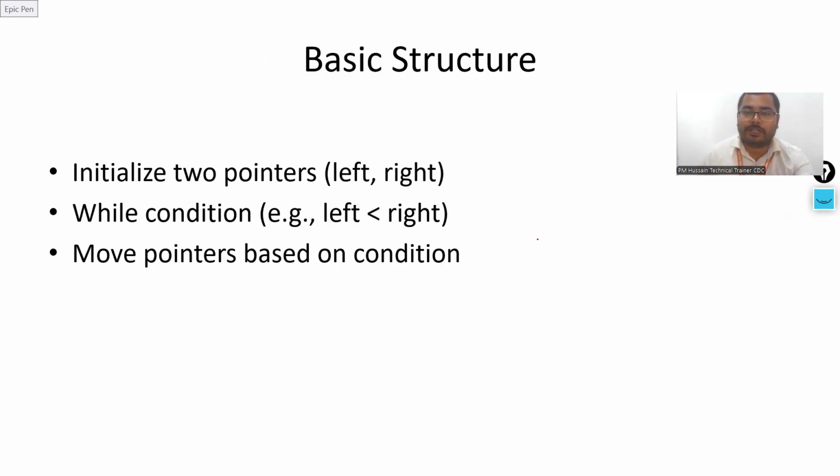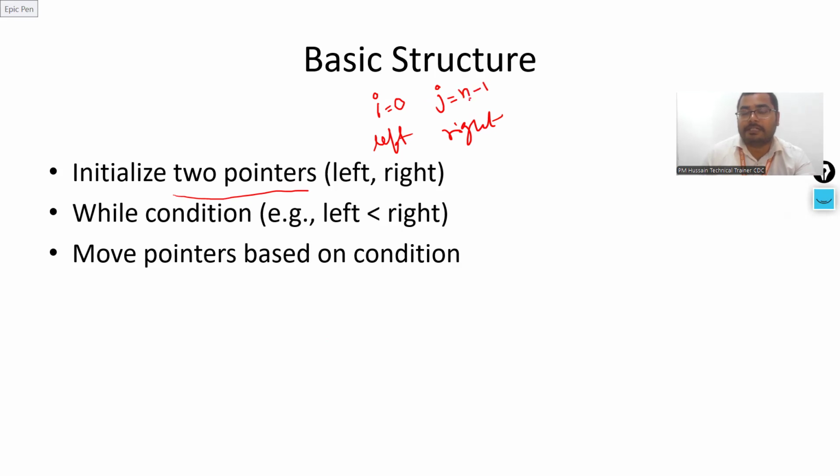Generally, to work with the two-pointer approach, we initialize two integer pointer variables, i and j, or left and right. Generally, i is one pointer which starts from the 0th index of the array or the string, and j sometimes starts from the same place, j equal to 0, or sometimes it starts at the end of the array, which is n minus 1.